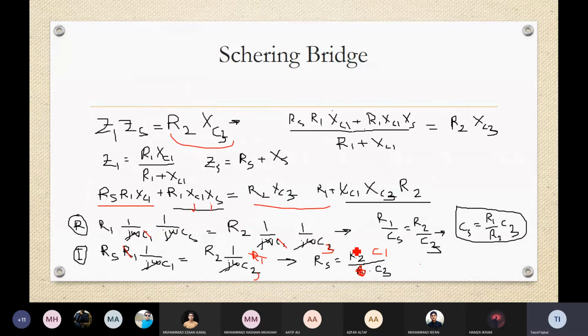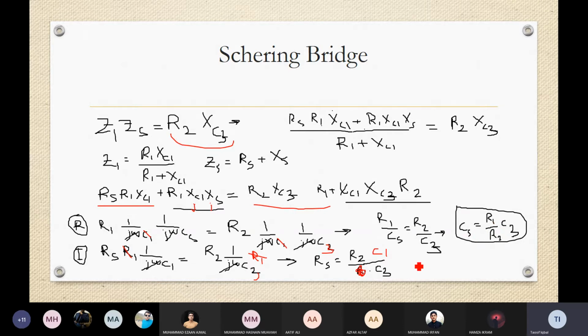So finding RS would depend on R2 and C1, whereas in case of CS we have to vary R1.